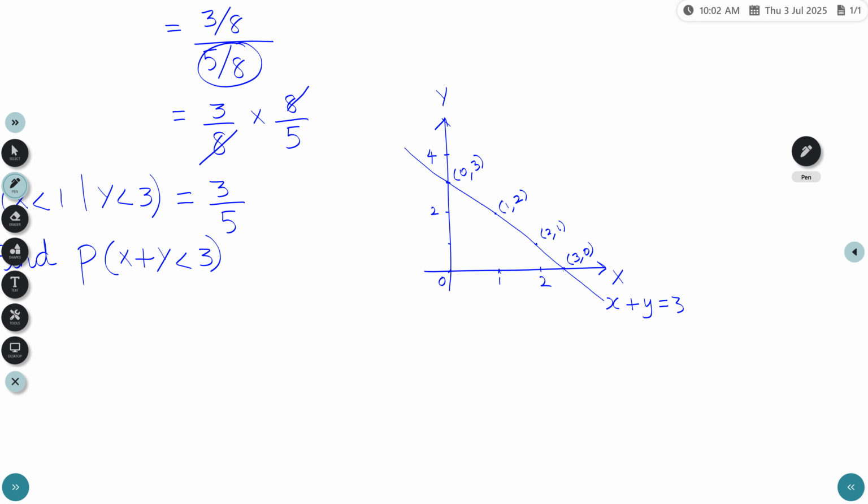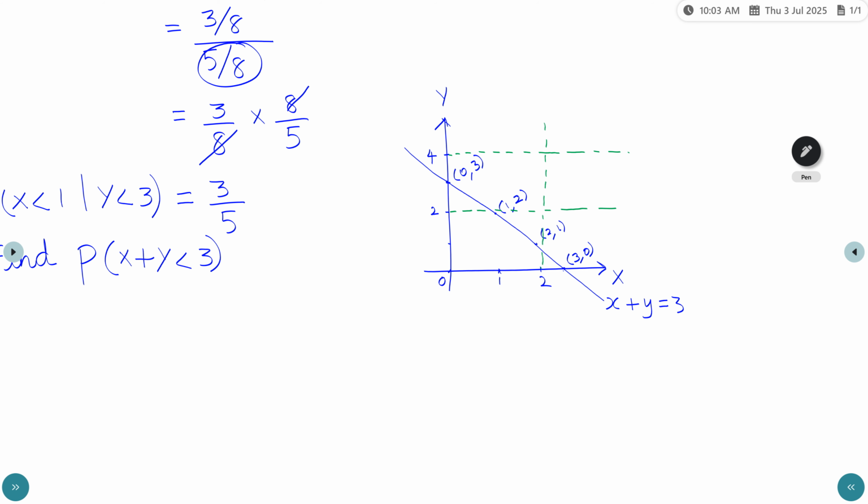See, in the problem they gave that x interval 0 to 2. So 0 to 2 only, x interval 0 to 2. Y interval 2 to 4. We need to find the place which should satisfy these two conditions.